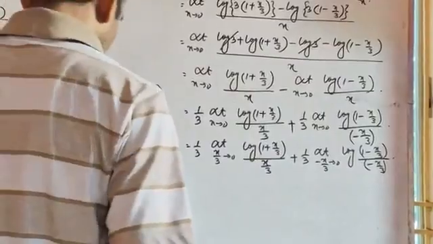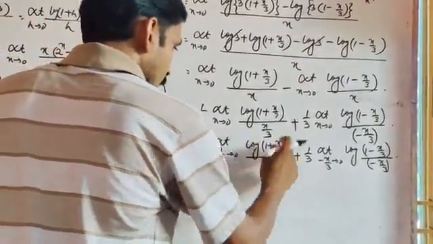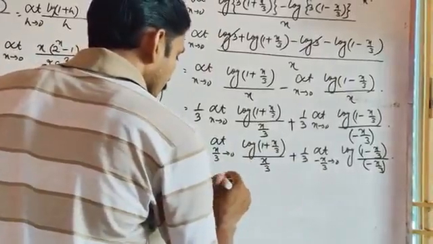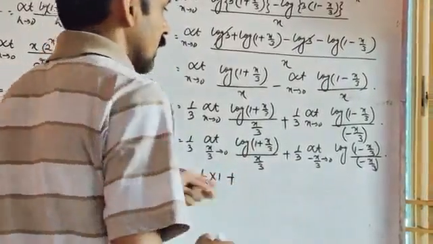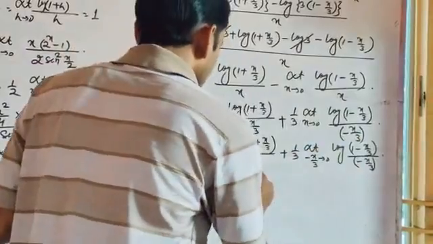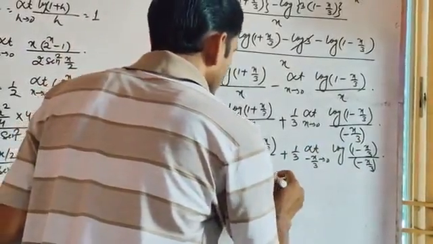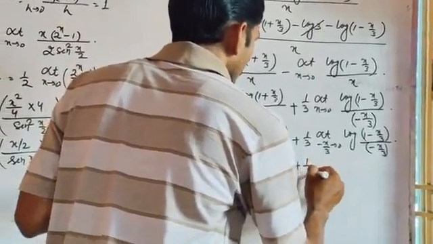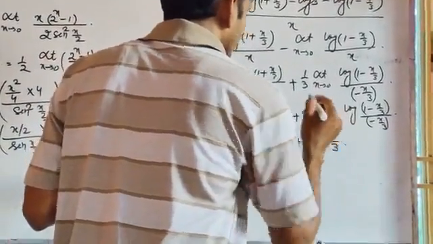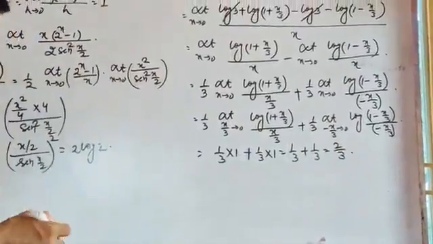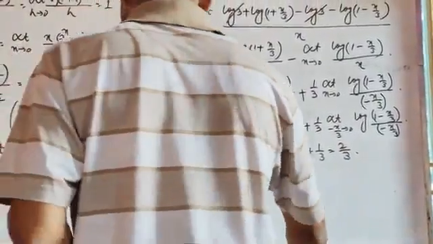So this value becomes 1, and this is also 1. So 1 by 3 into 1 plus 1 by 3 into 1, so 1 by 3 plus 1 by 3 is equal to 2 by 3. So this is the solution of this.